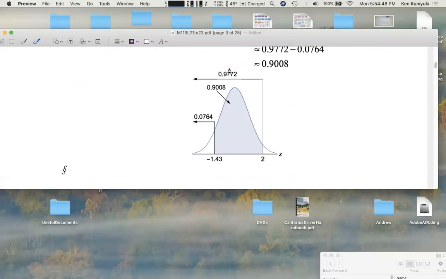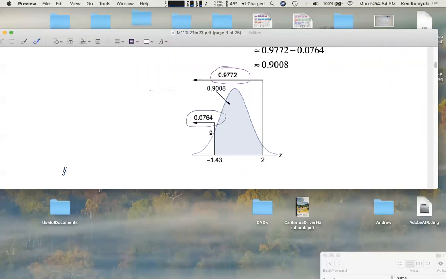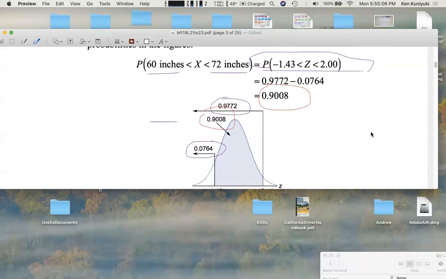So we take the 0.9772, take the 0.0764, subtract these two probabilities in order, the greater minus the smaller, and we get our final answer, which is 0.9008, or about 90.08%. So there's about a 90.08% chance that this random adult American woman is between 5 feet and 6 feet tall, or between 60 inches and 72 inches tall.